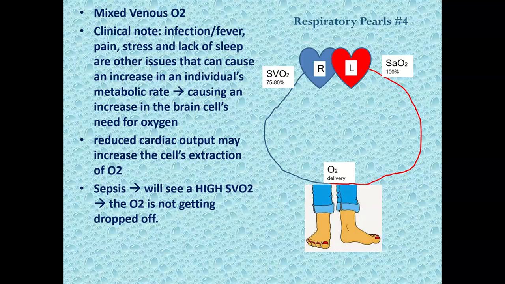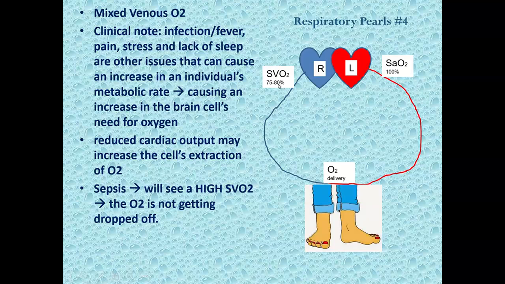I'm thinking I better take more while you're here. And so the cells will do that. They're that smart and that adaptive to a lower cardiac output. So these are the reasons why this SVO2, the mixed venous oxygen saturation, would be in the 50, 60, 70 range instead of the normal 75 to 80.